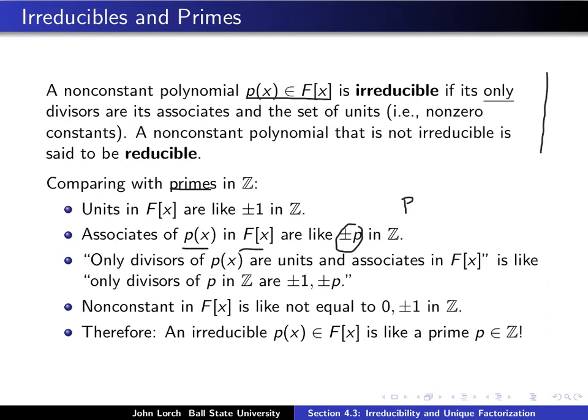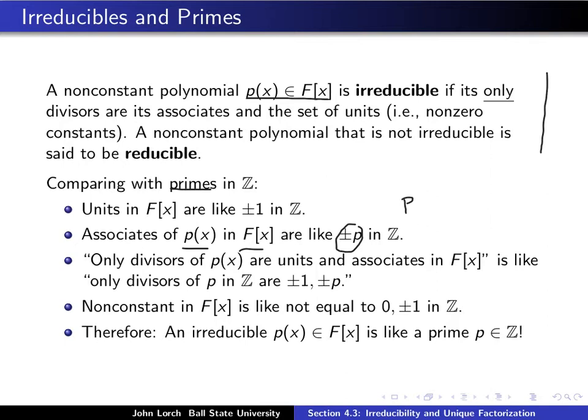Now we have this phrase that occurs in the definition of irreducibility that says the only divisors of p of x are its units and its associates. Now if we translate that to the world of integers, that's like saying the only divisors of the number p in the integers are the units plus and minus 1 and the associates plus and minus p.